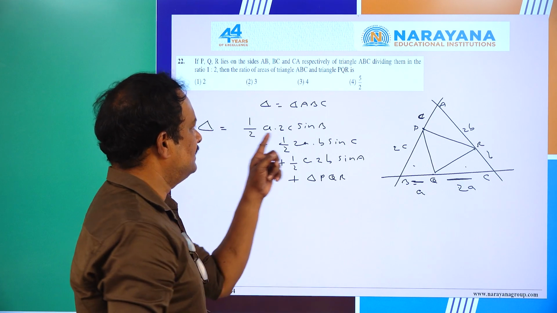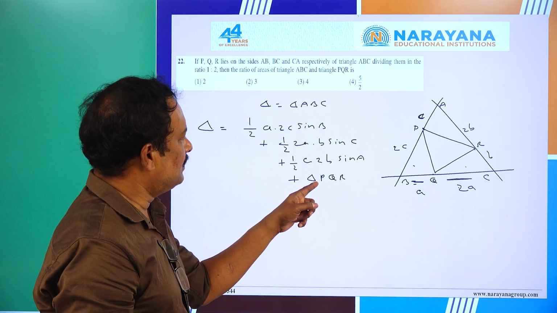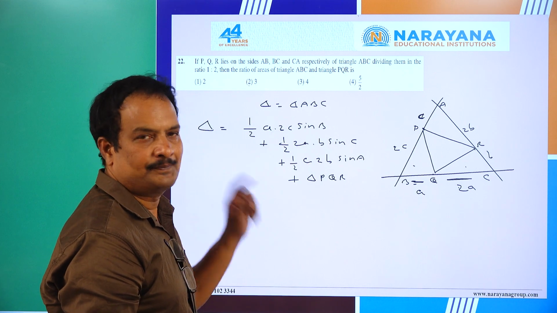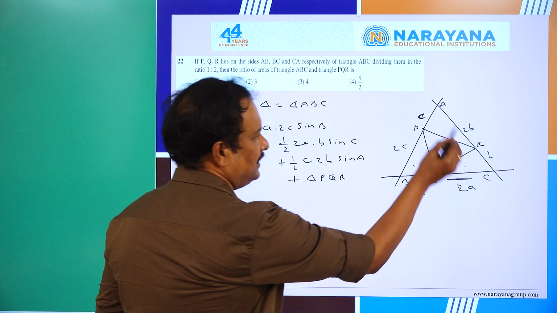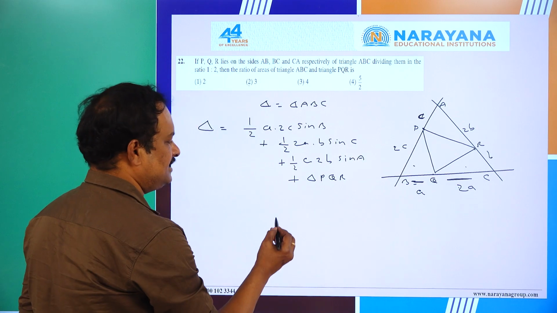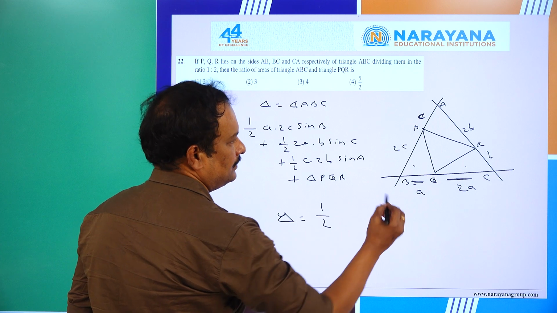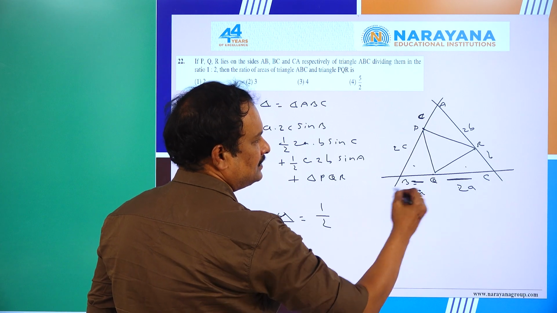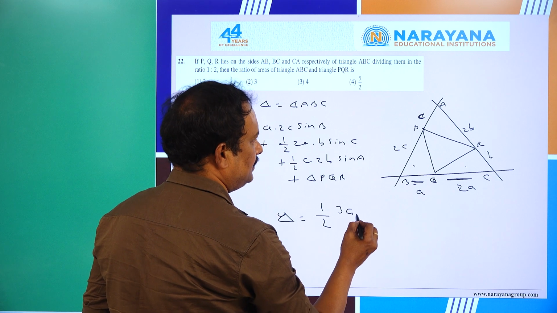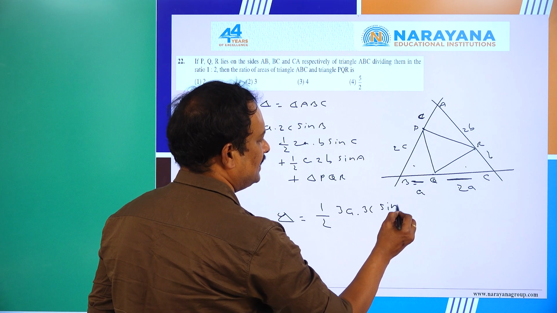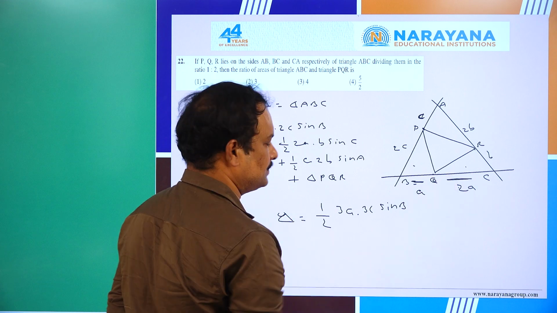So in this case we got the area of the triangle PQR in terms of these terms, but actually the area of the triangle ABC can also be obtained by this method. You can also take half into these two lengths: 3A into 3C into sine of the angle between them, because I have taken A and 2A, of course.